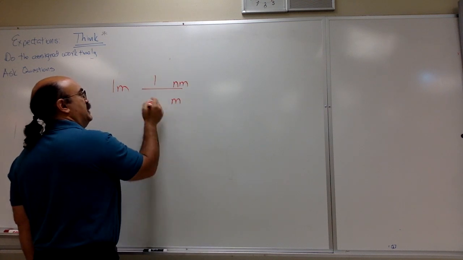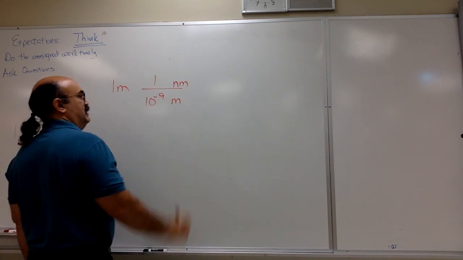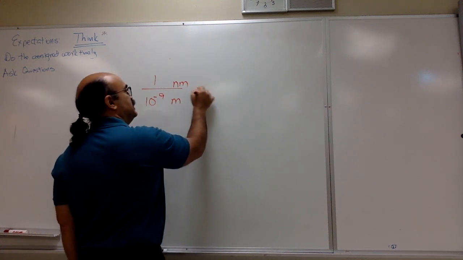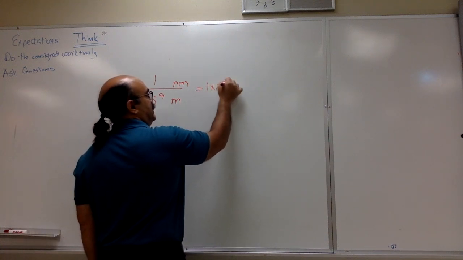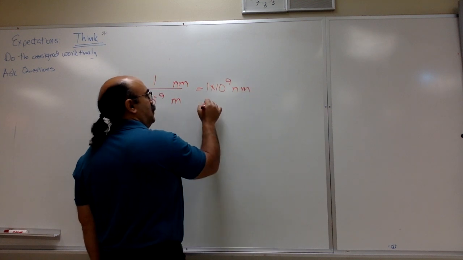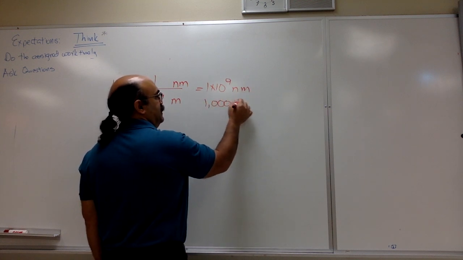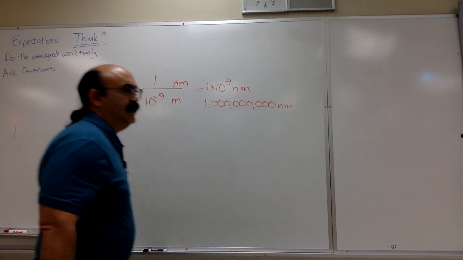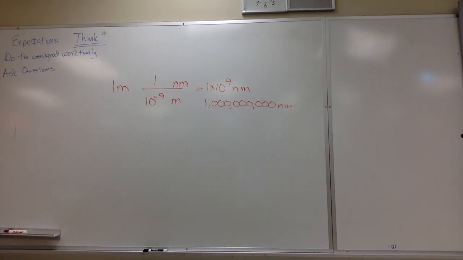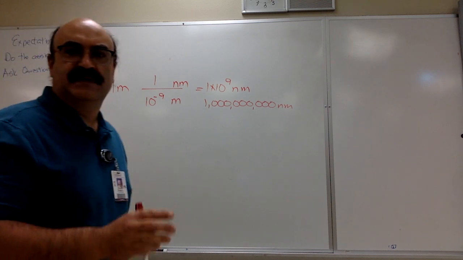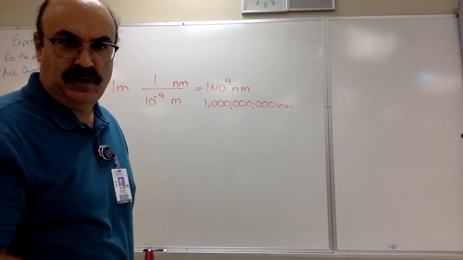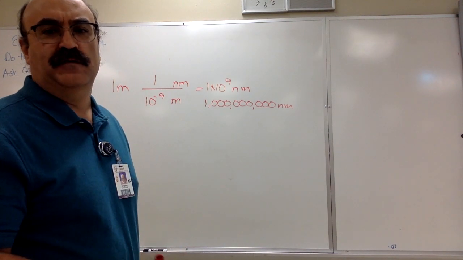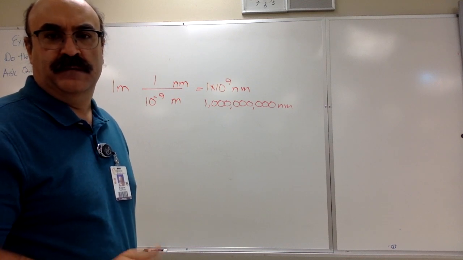My rule is 1 nanometer, 10 to the minus 9 meters. Which means my answer is 1 times 10 to the 9th nanometers, or 1 followed by 9 zeros nanometers. Again, you do not have to write in scientific notation unless you are specifically asked to, or you have to show your significant digits.